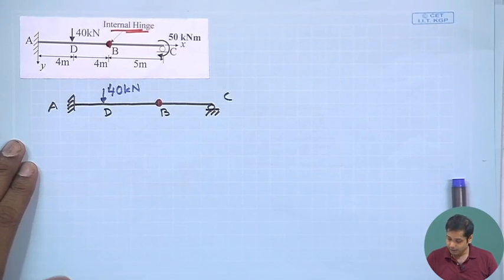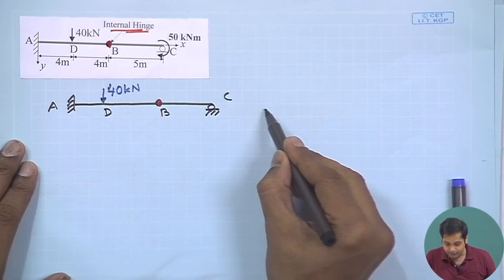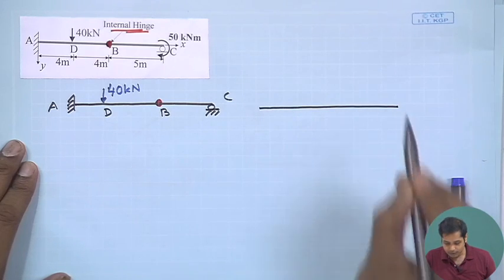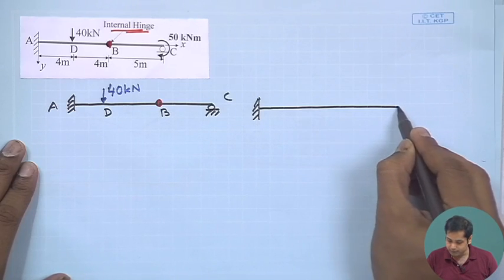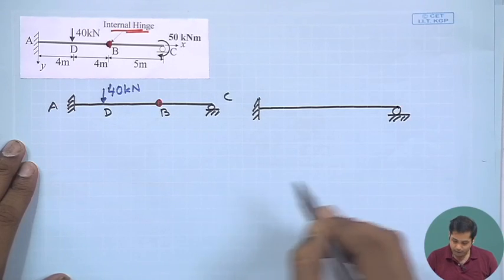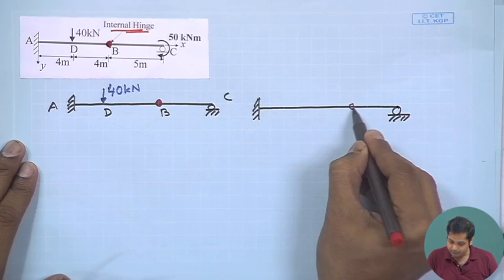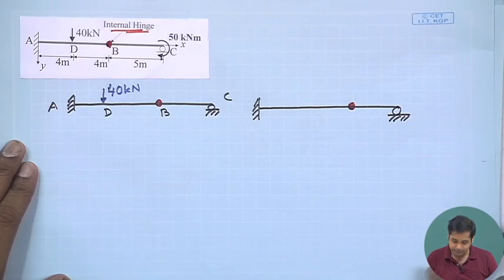This is the first case. And the second part is again the same beam, same support condition, and then an internal hinge here.